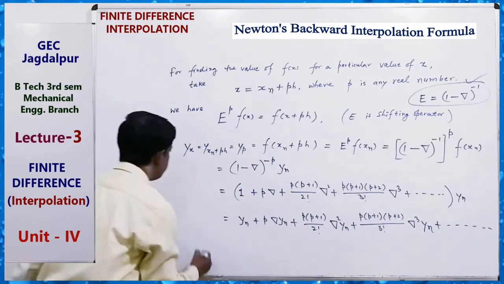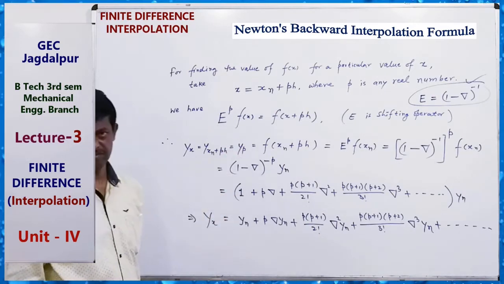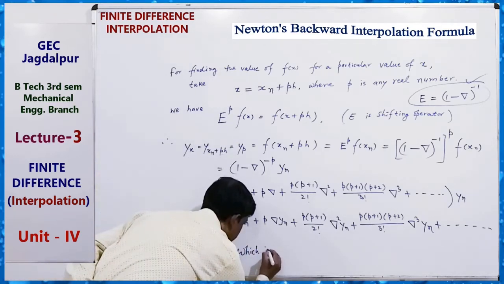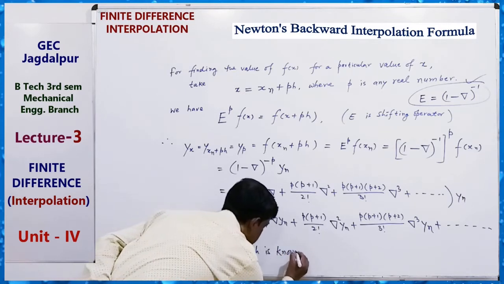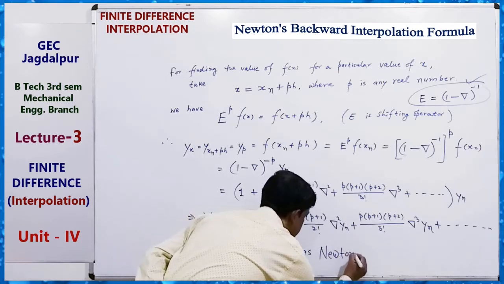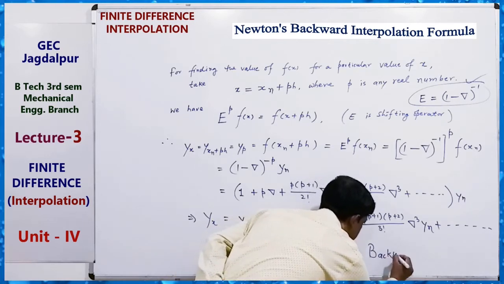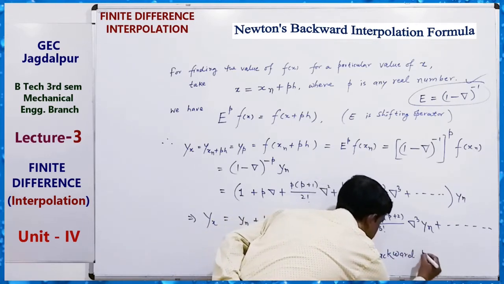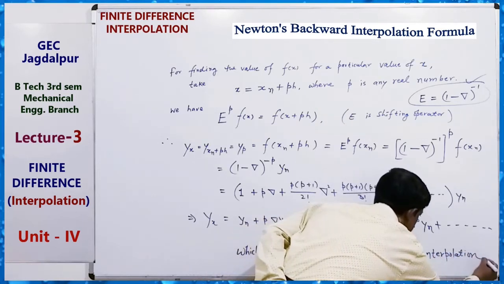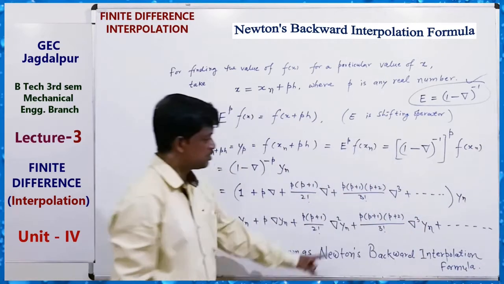So this is the formula for the targeted value. You can write it also as yp, which is known as Newton's backward interpolation formula.